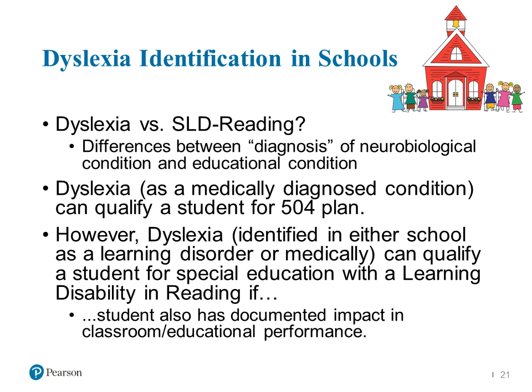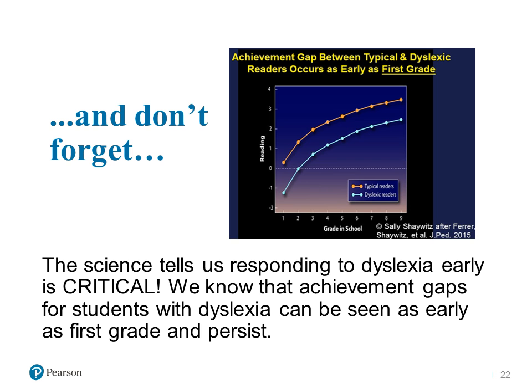Historically, it's been a medically diagnosed condition and can qualify a child for 504 services, but it can also be identified as a learning disability in reading if you can also identify that impact in performance.